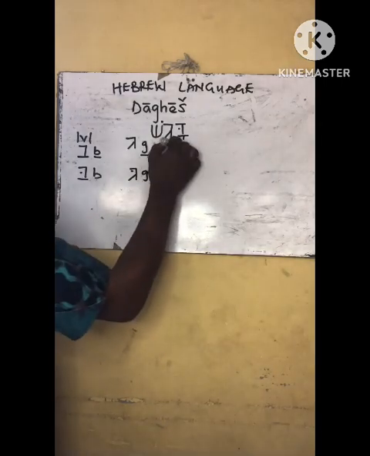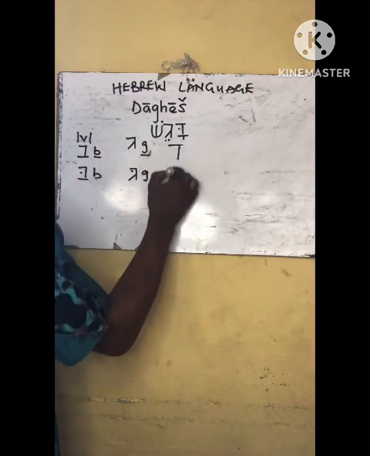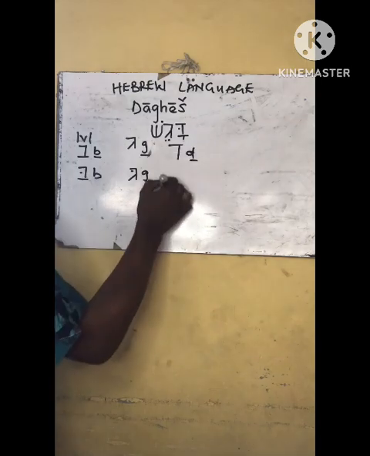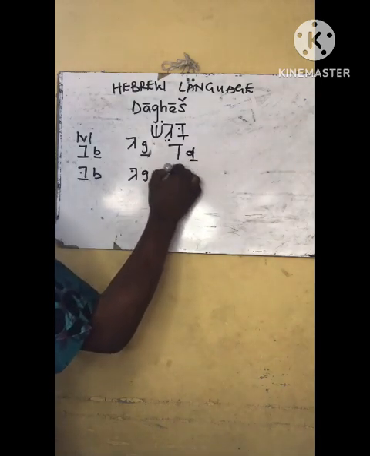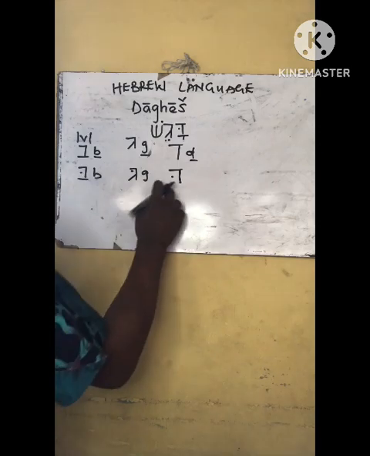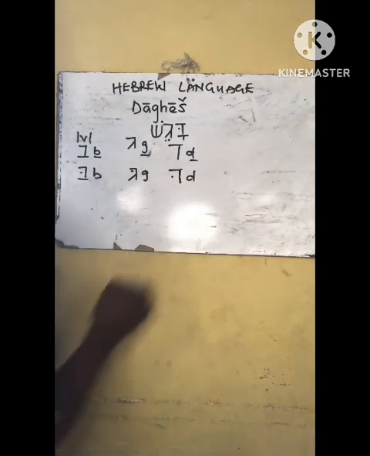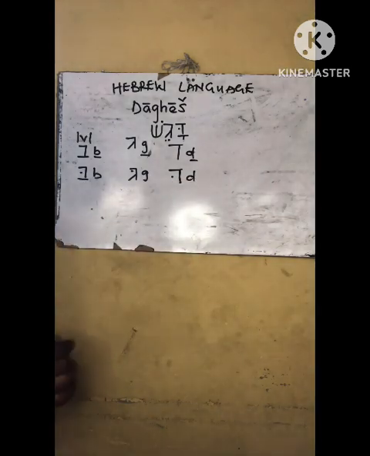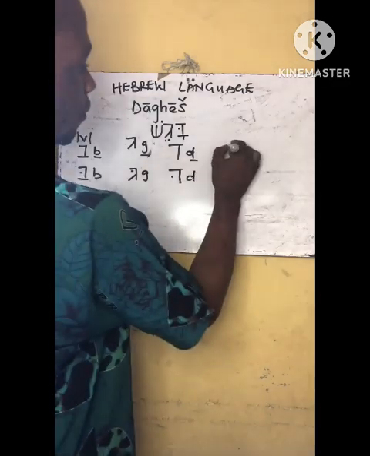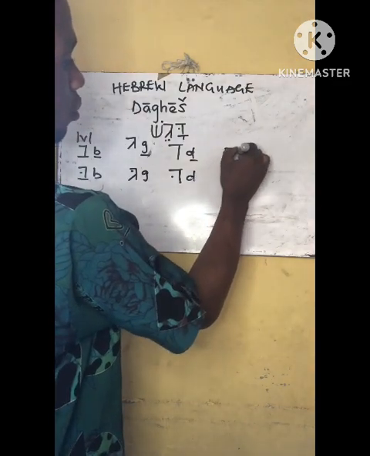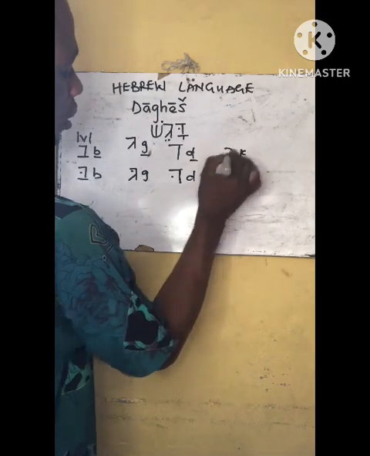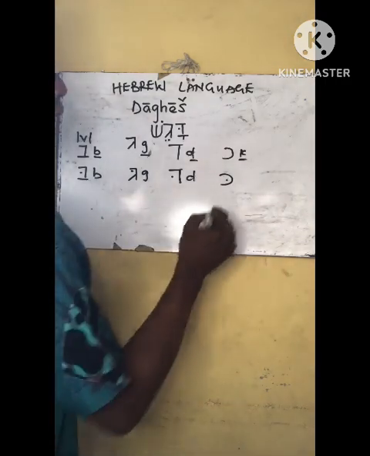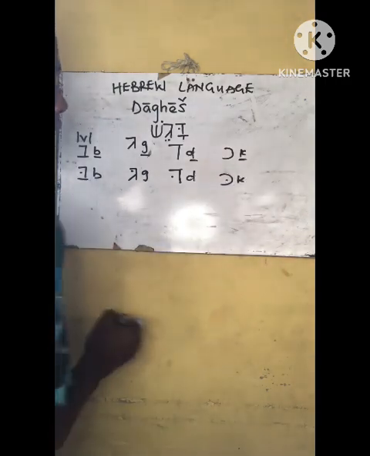The third one is Dālet. This is transparent, and the second form of it is the Dālet which is dotted, without a line under it. We also have kaf, which is K with a line under it, and when the dot is there, it's hard.